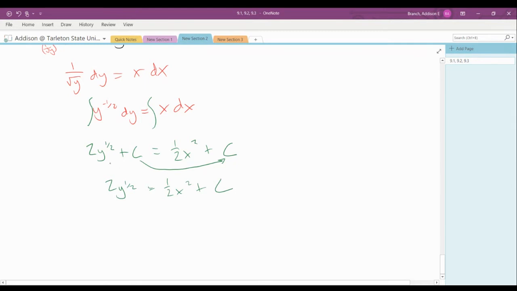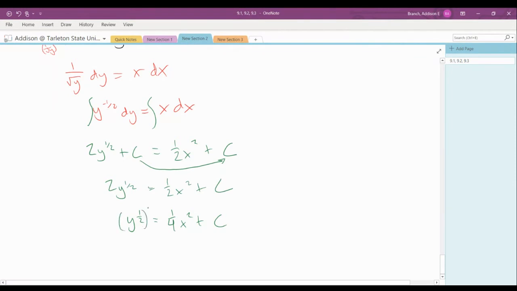And now we can solve for y. We can divide both sides by 2 to get y to the 1/2 is equal to 1/4 x squared plus c.